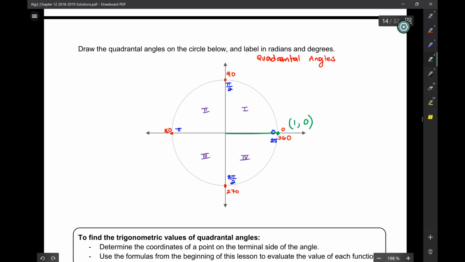Yeah? Okay. So then what's the coordinate at the 90? 0, 1. What's the coordinate at the 180? Negative 1, 0. What's the coordinate here? 0 and negative 1. Is this anything unusual, eccentric, out of the blue? Like, no, right? We know where this came from, right?